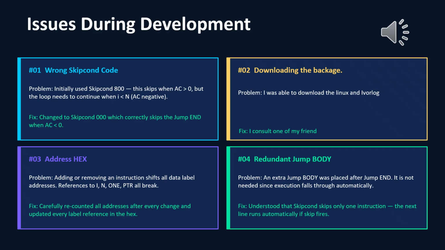So I reversed it by writing 8000 for the skip code, which enables me to make the i less than n if AC is negative in this part. So I just changed it to 800, which correctly skips the jump and goes for the loop.